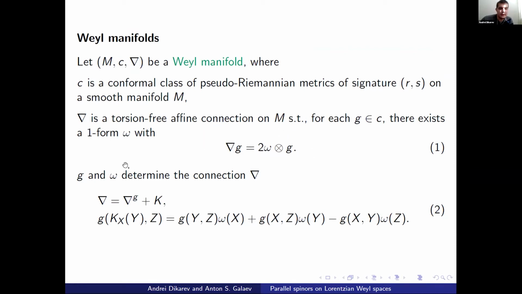I will note here that the metric from the class and the one-form omega determine the connection by this formula, where K is a tensor, and we have the following relation on this tensor K, given by this formula.